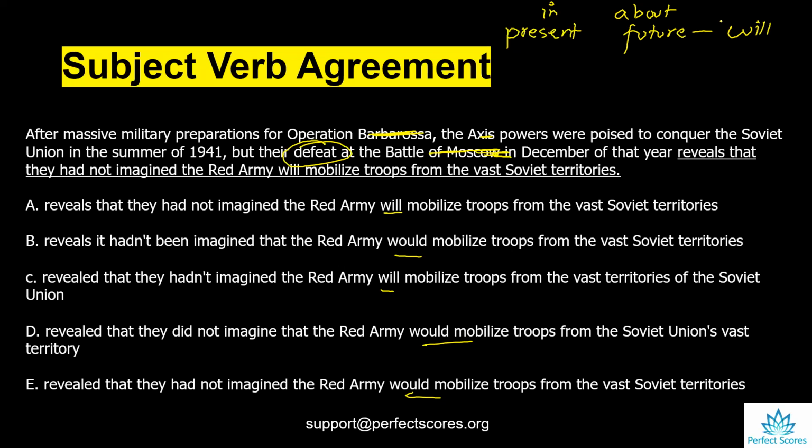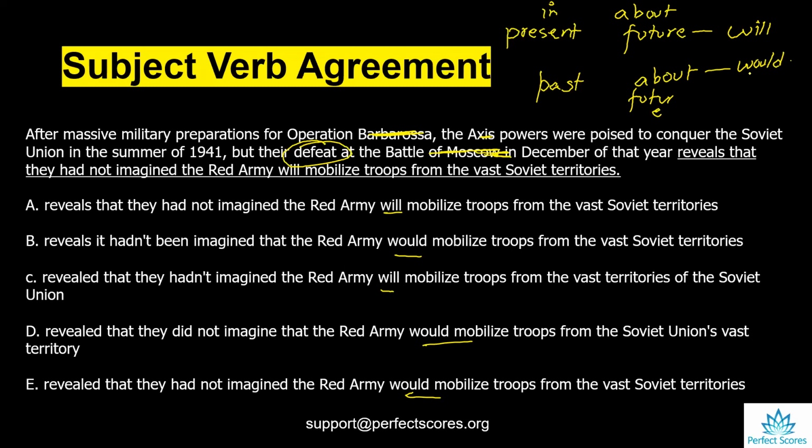For example, I believe that I will take the GMAT test. But when you are talking in the past, again, about the future, it does not matter whether that future has come or not. But when in the past you were talking about the future, then you have to use the word would.